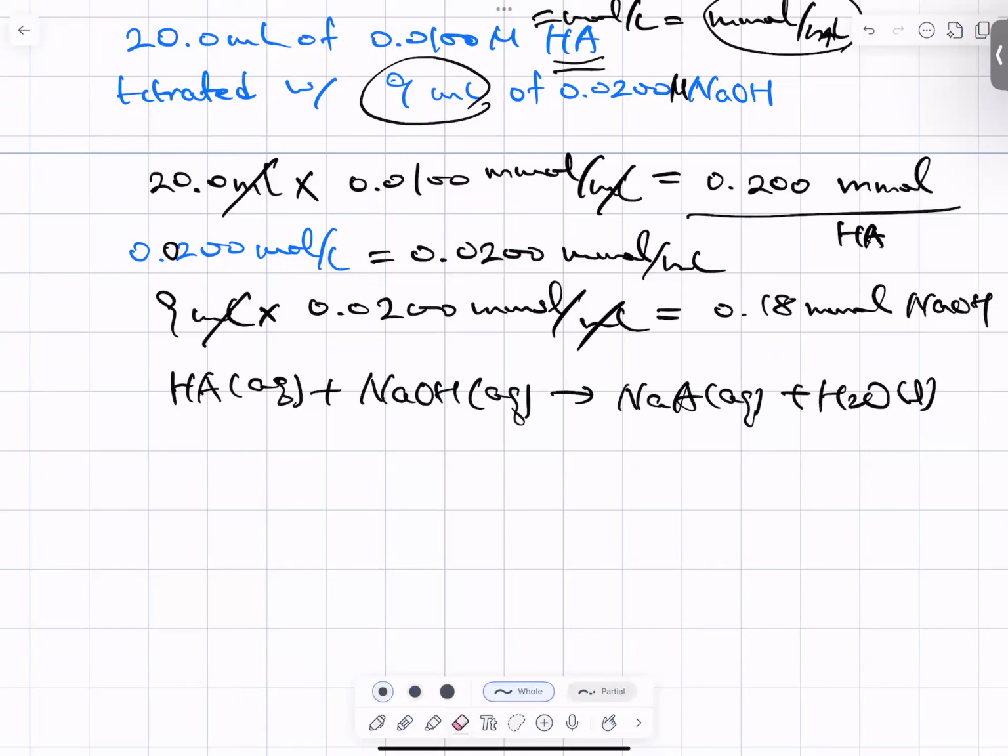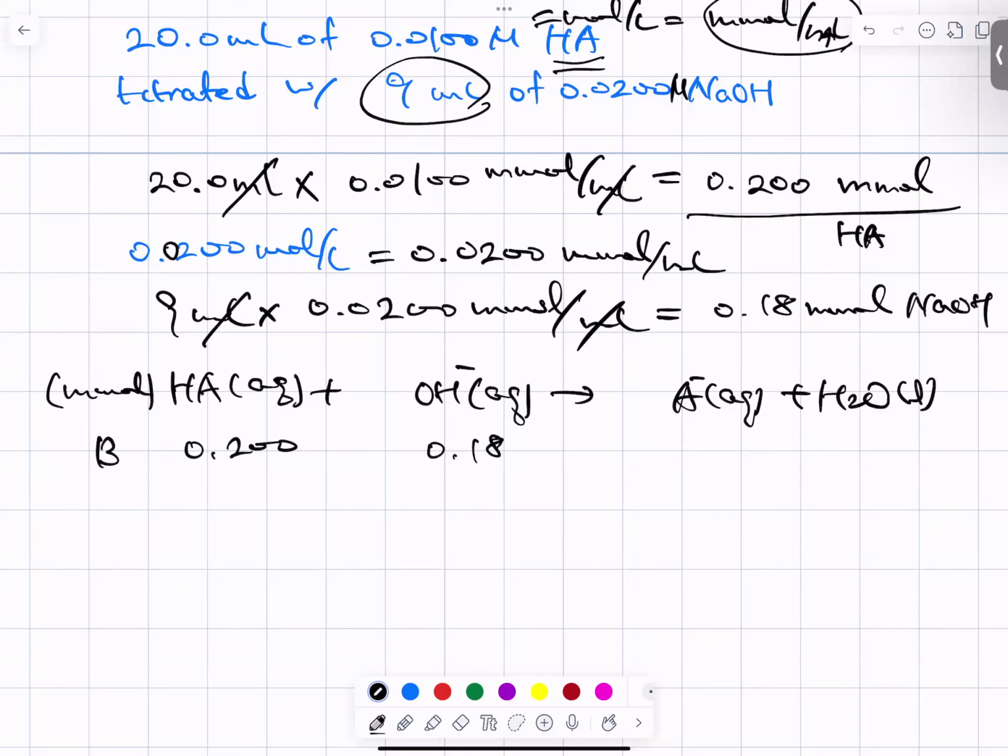Sodium ion is a spectator ion, so let me focus on the net ionic equation. And let me use millimoles. So before the reaction, we have only 0.2 millimoles of sodium hydroxide, and this one was added, 0.18 millimoles added.